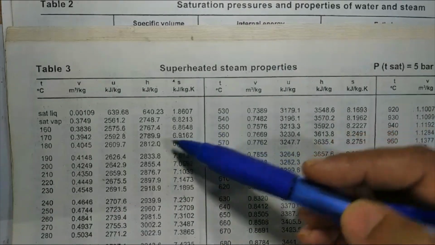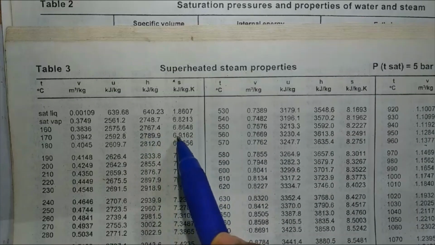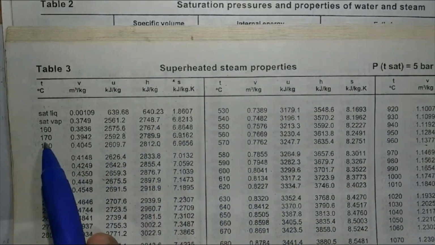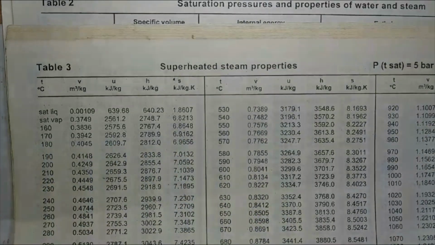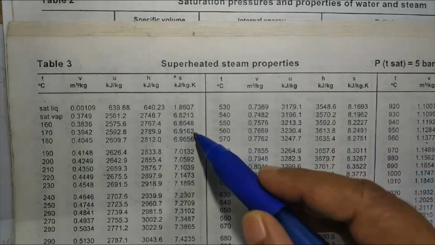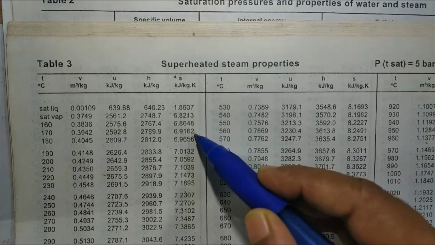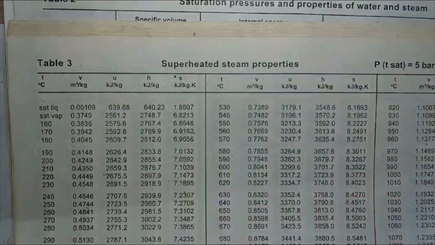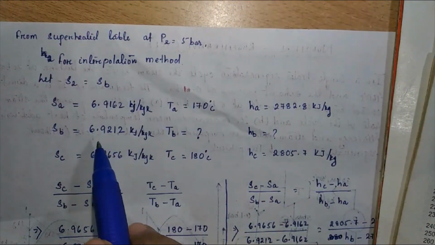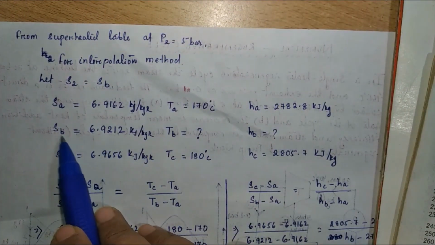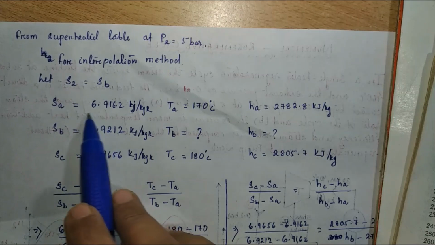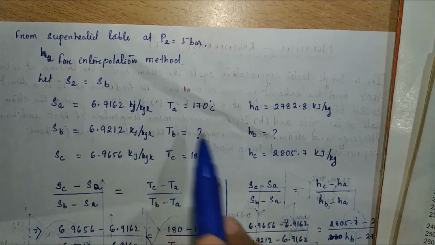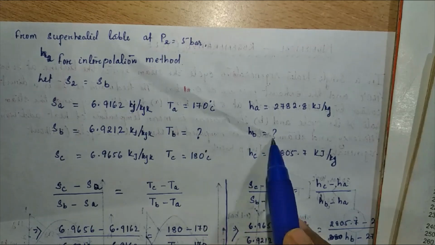So for these corresponding entropies we have to find the corresponding enthalpies and corresponding temperatures. So here I have considered this value as SA and this is SC, and the value which we have, that is 6.9212, I consider to be SB. For this, what is the corresponding temperature and what is the corresponding enthalpy, that we are going to find out.